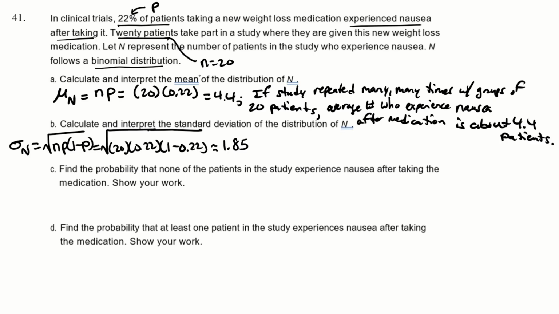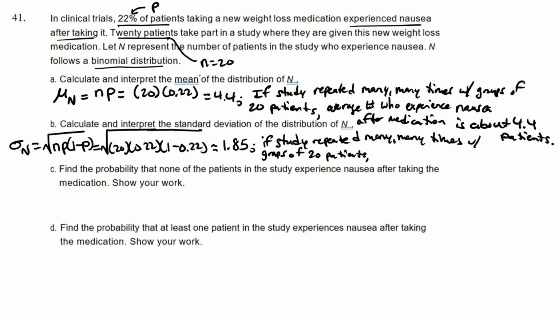1.85 approximately. So if the study is repeated many, many times with groups of 20 patients, what the 1.85 means is that the number of people who experience nausea would on average vary by that much, 1.85, from the mean of 4.4.